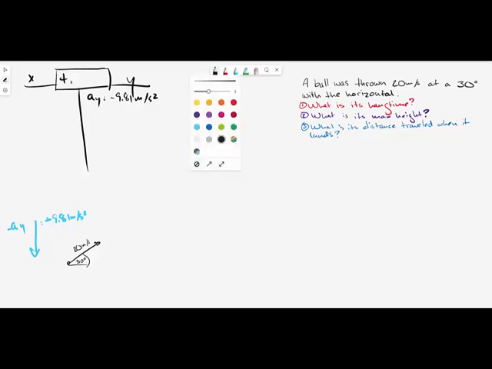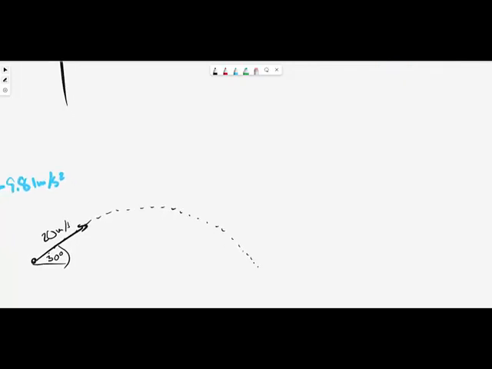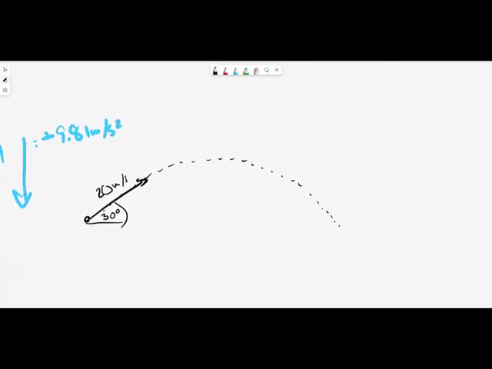So let's take a look at the trajectory of this thing. The ball will follow a trajectory sort of like this. Let's zoom in on this trajectory real quick. So this is kind of what it looks like. Now, initially, there's going to be a y component of that 20 meters per second going up, and there's also going to be an x component of that 20 meters per second going right.